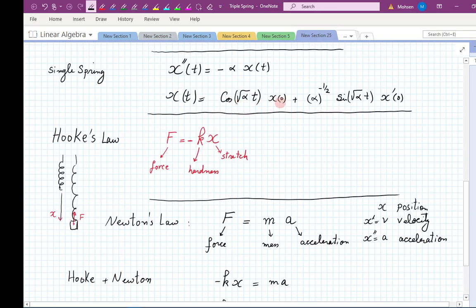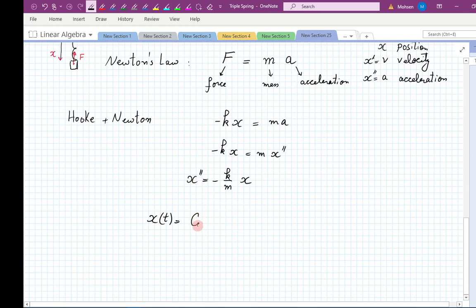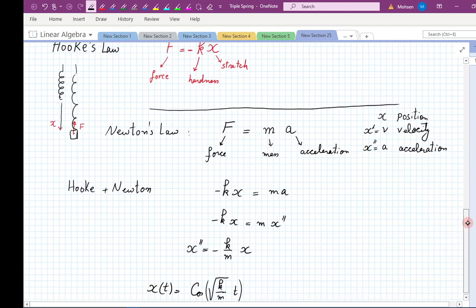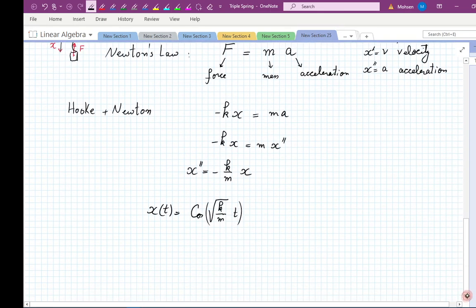I just copy that, except instead of alpha, I'm going to write cosine. Now instead of alpha, I have radical k over m. I promise you, you're going to see radical k over m over and over again in your physics and engineering classes. Times x0. x0 is the initial position.